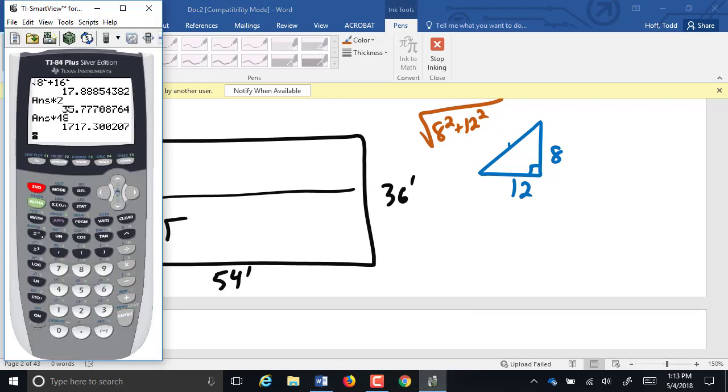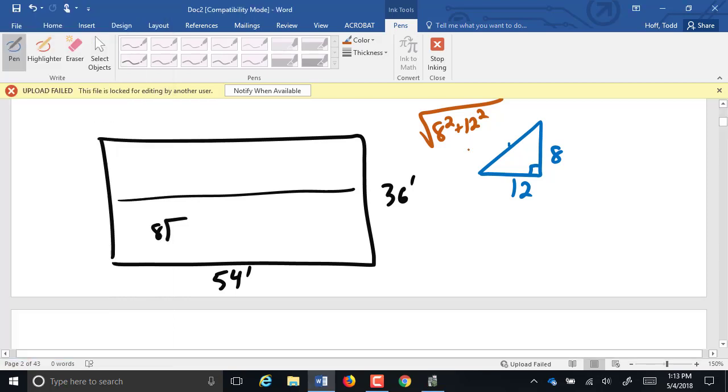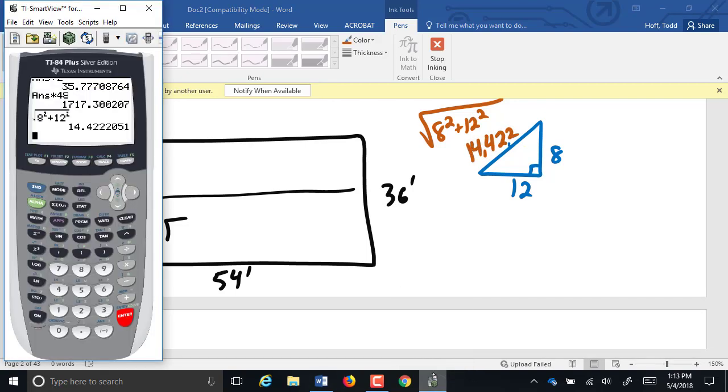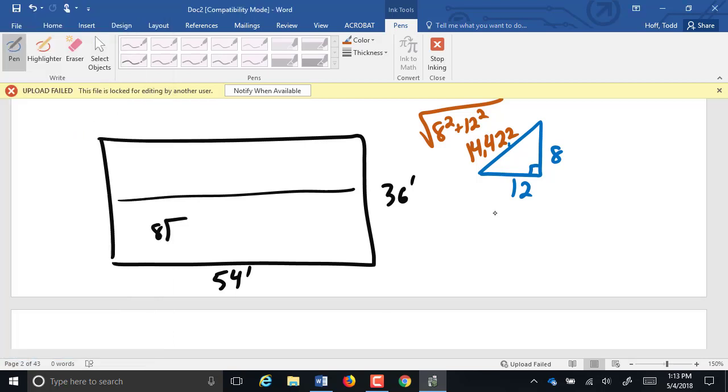Square root of 8 squared plus 12 squared gives us 14.422. We're going to divide that by 12 to get our correction factor, 1.202.